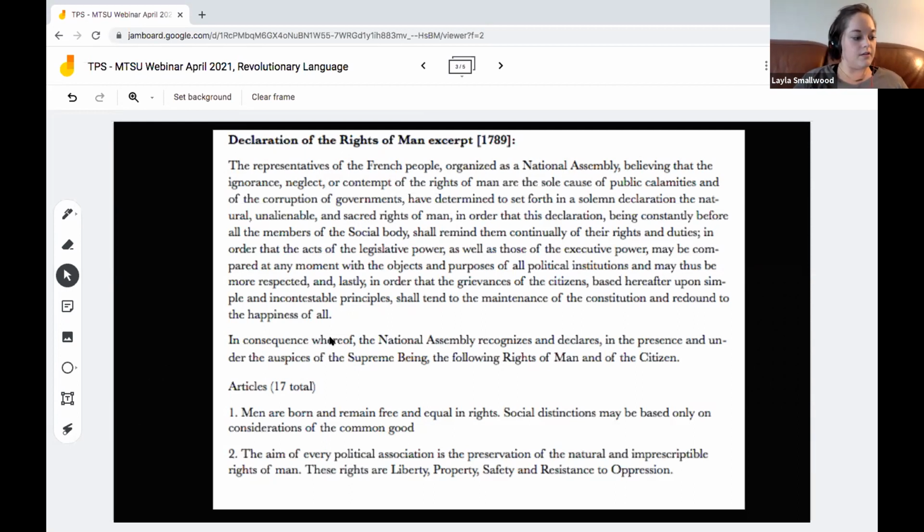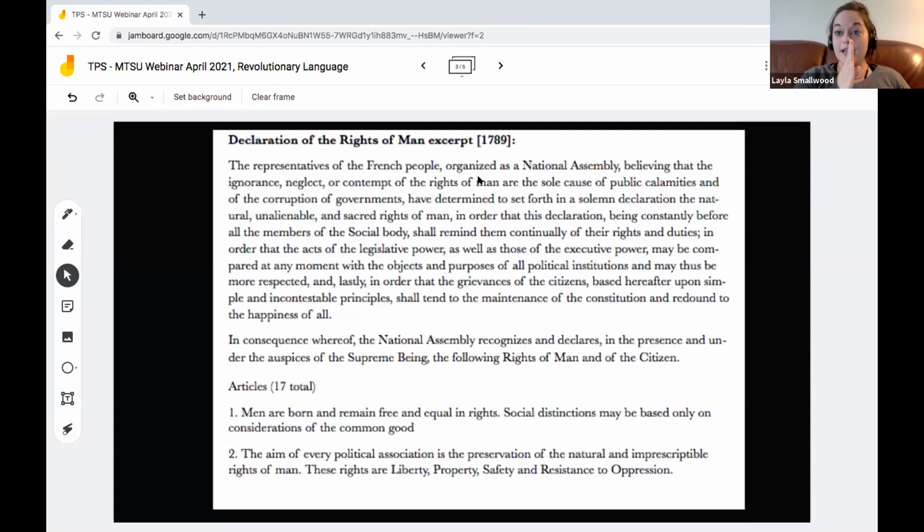Liberty, good. We also see, good, liberty, property, safety. They also talk about neglect, right? Neglect of the monarchy or of the empire. All men are created equal is similar to Article 1, good. Happiness, good.